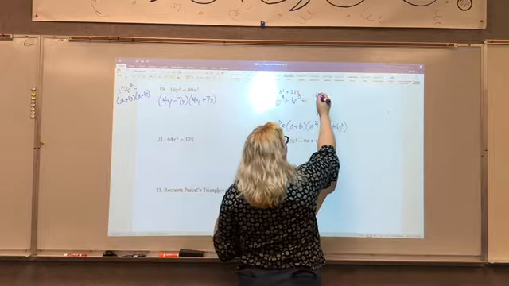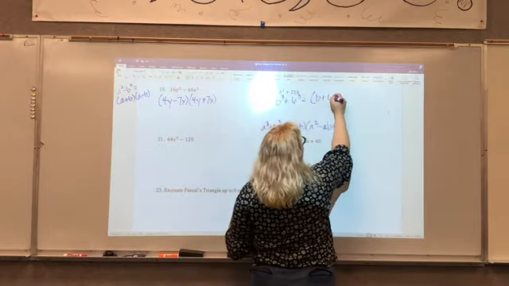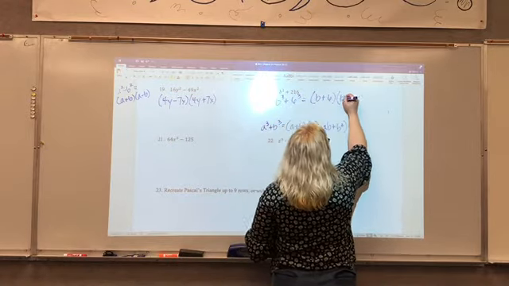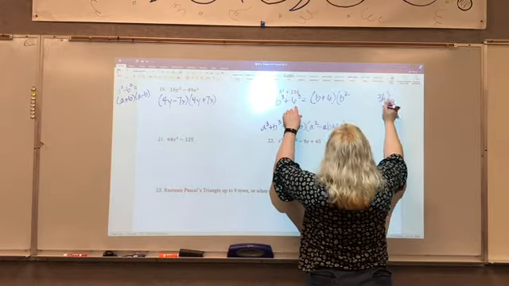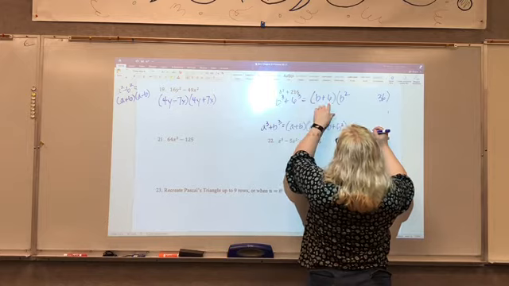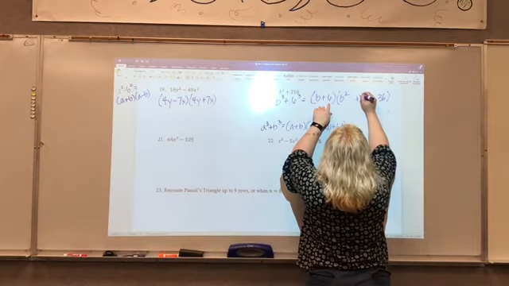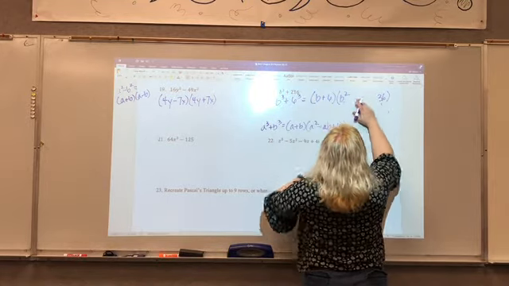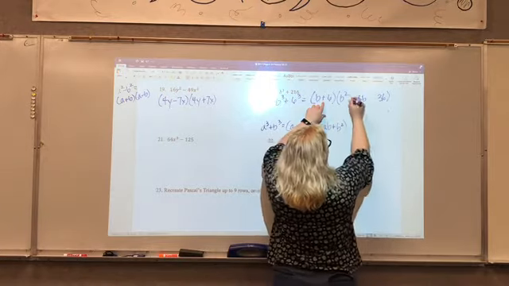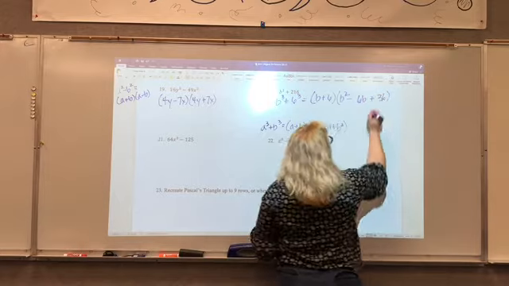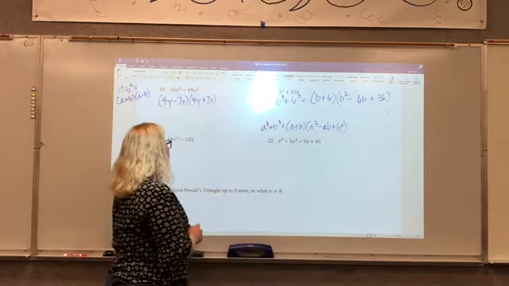So this becomes b plus 6 times b squared, so I have that one squared. 6 squared is 36, and then when you multiply the two together, you get what's on the inside, which is 6b. Okay, and I have to have one negative, so that goes there, and that one goes there.